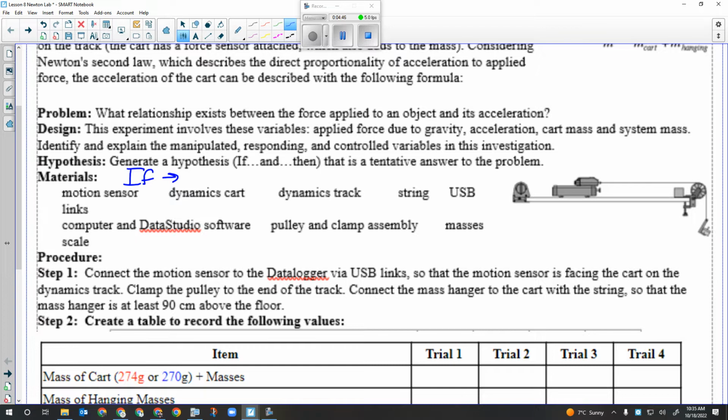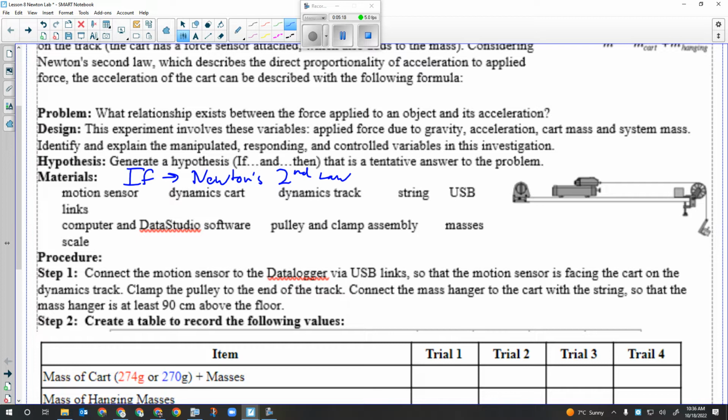Tell me about the relationship between net force and acceleration. So if Newton's second law says blah, blah, blah, and the and part is going to briefly describe our experiment. A cart will be subjected to increasing applied force, with its velocity and acceleration measured. That's essentially what we're doing here.